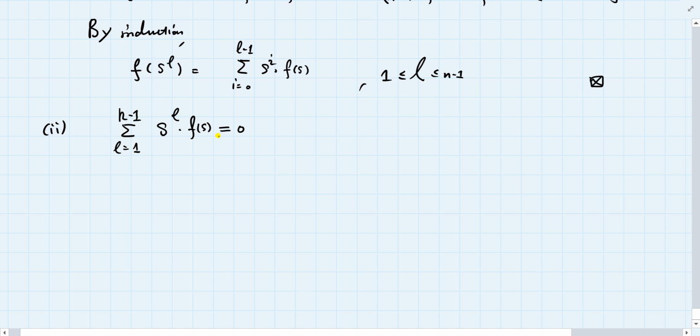But as you saw, what is this? Proof by 1. This is just fs to the power n, which is f0, which is 0.